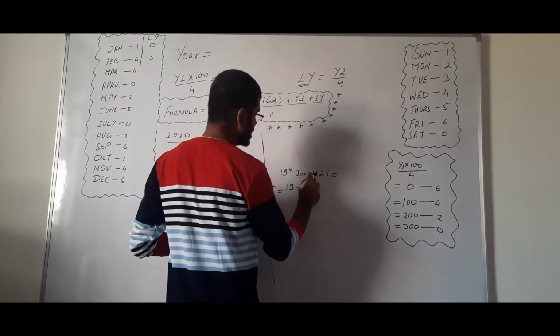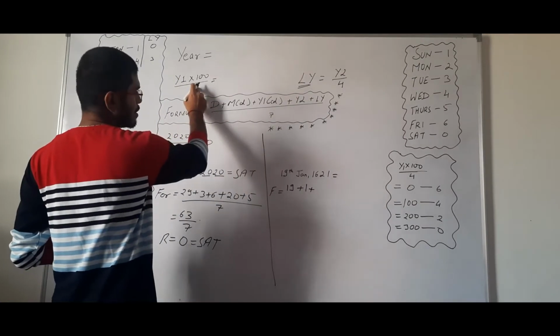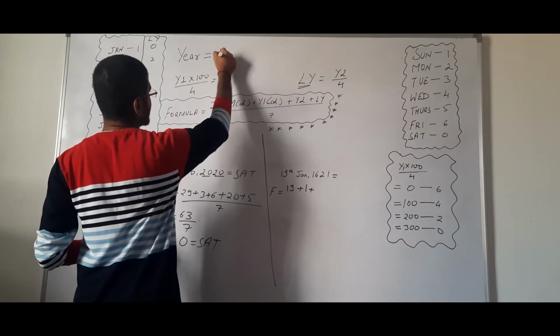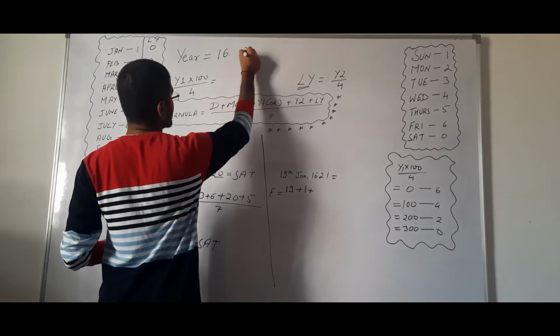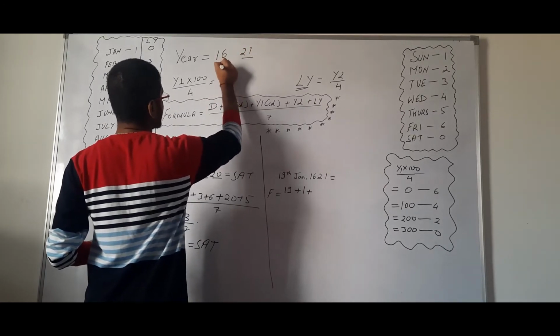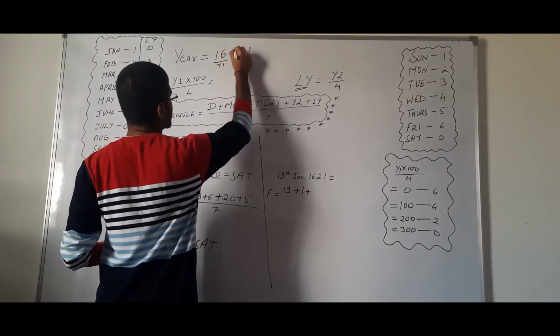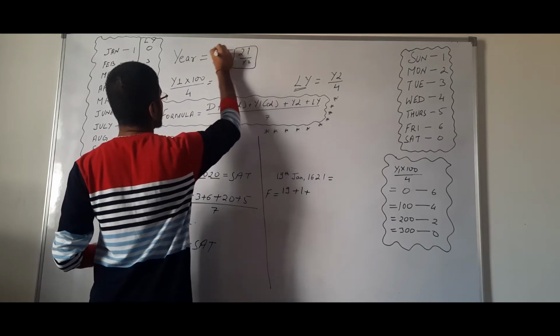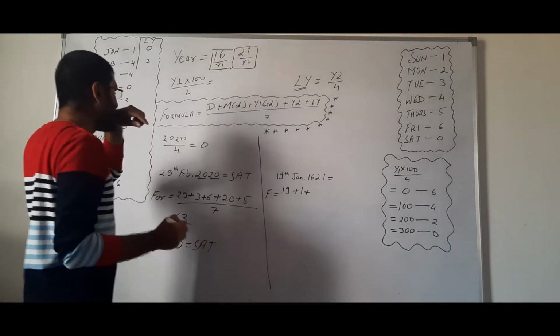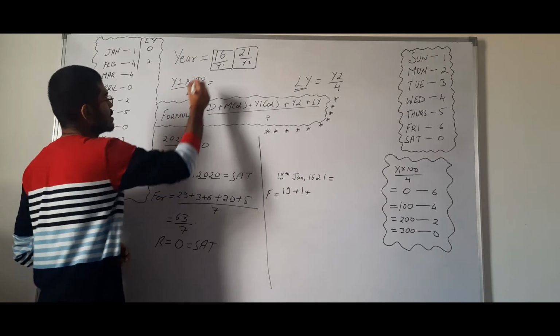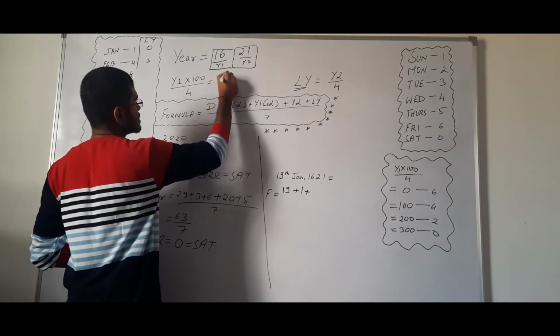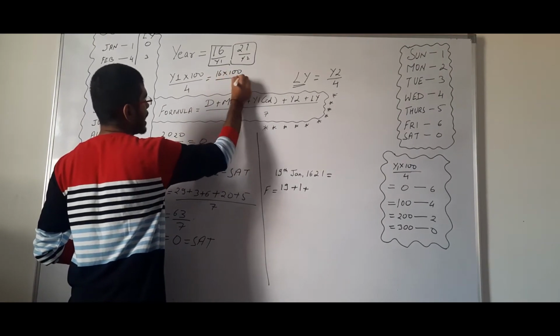We have 16 as the year 1 part and 21 as the year 2 part. We have these two parts. The year 1 code is for 16, so we have 16 into 100 by 4.